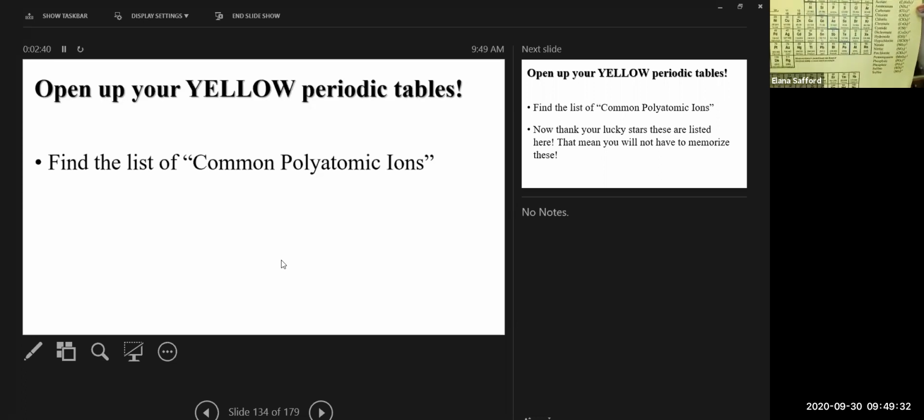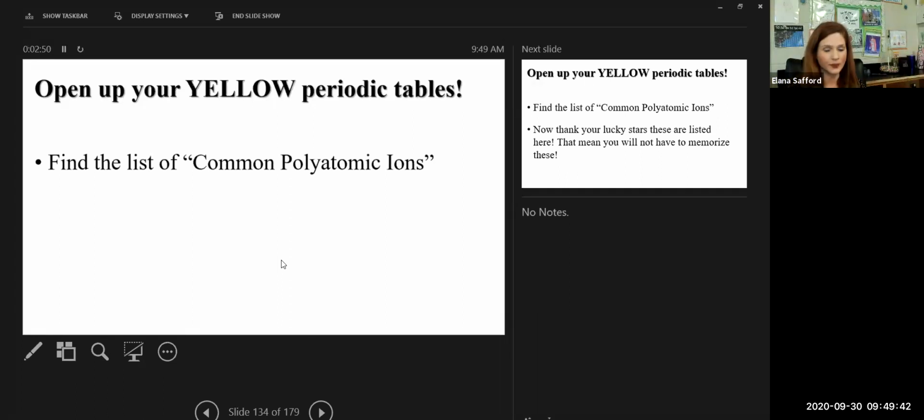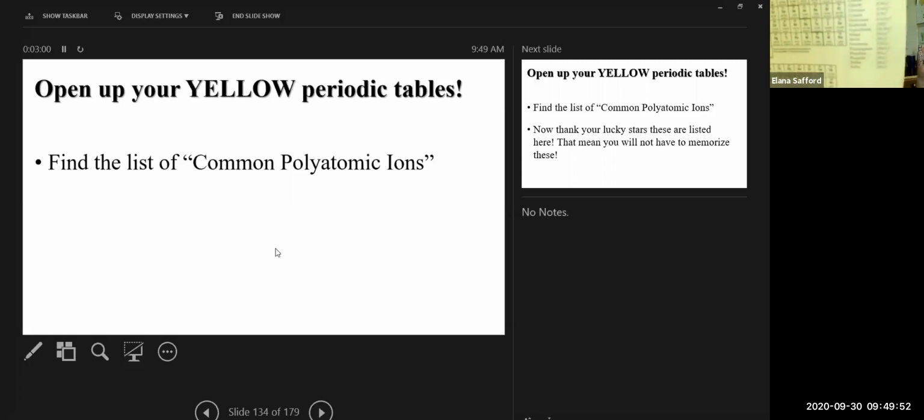I know for you it's coming up backwards in this picture, but it's common polyatomic ions, that's what we're going to be looking at. We give you these, which is super nice. You don't have to memorize them, which is amazing. It's just your job to locate them and be able to use them on your test.